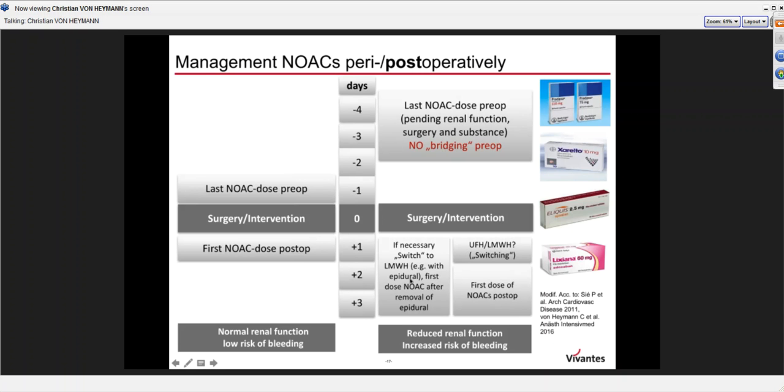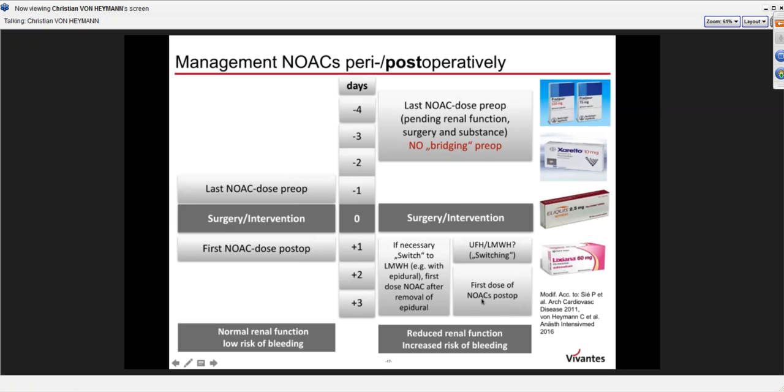And once the epidural is removed or the bleeding risk has settled, then you can start the first dose of the NOACs. That can be on the second post-operative day, on the third, or on the fifth post-operative day. So post-operatively, it seems to make sense in some types of risk patients to switch them to another anticoagulant before you start the NOACs again.